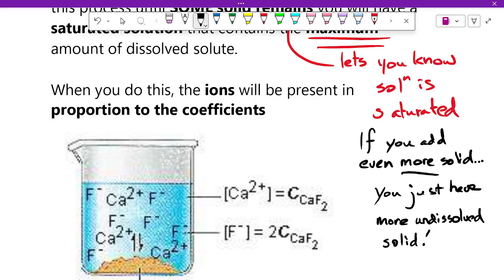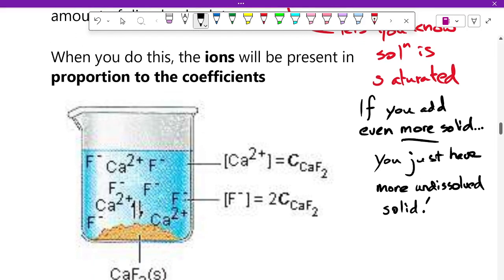If you have more undissolved solid, what has happened to the surface area?